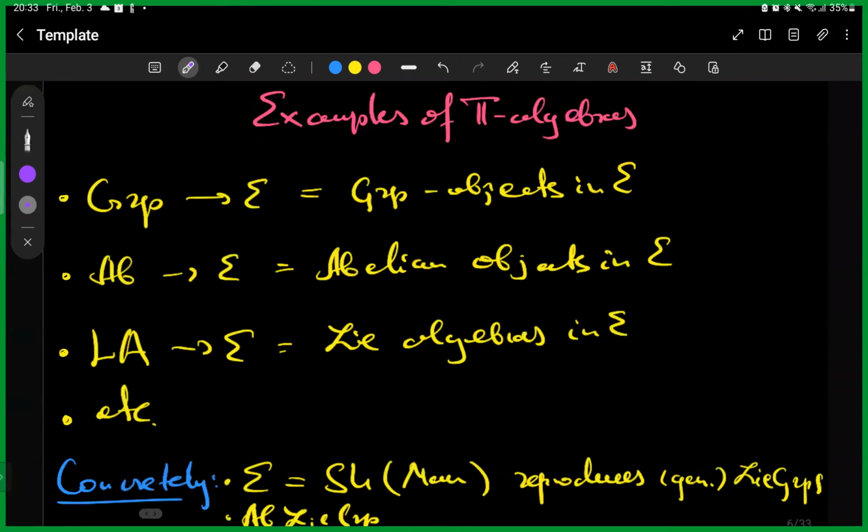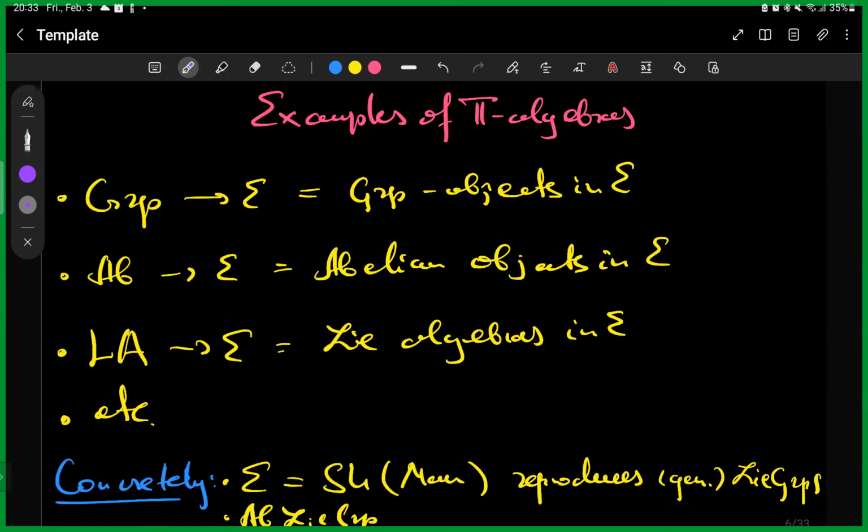Okay, so for the theory of groups, we obtain, as I said, group objects in the topos E. For the theory of abelian groups, we obtain abelian group objects in E. And for Lie algebras, we obtain Lie algebras in E. And as a concrete example of this, we can obtain Lie groups as algebras over the Lawvere theory of groups in the category of sheaves on manifolds.